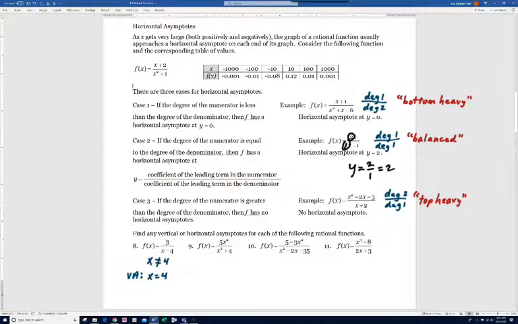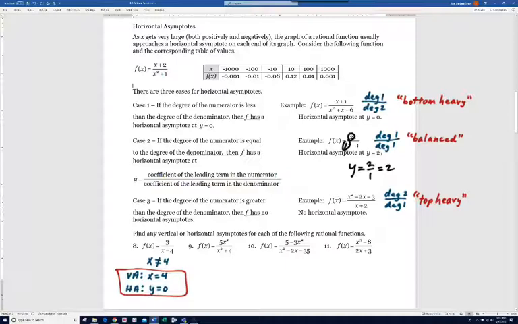For the horizontal asymptote, notice this would be case 1, because the degree of the numerator is 0 and the degree of the denominator is 1, so this one is what I call bottom heavy, and so we get a horizontal asymptote of y equals 0.